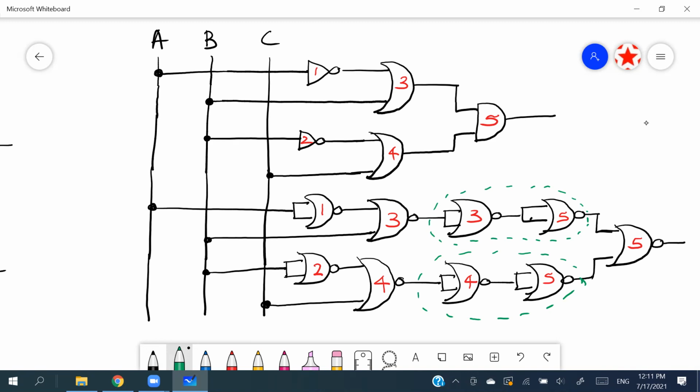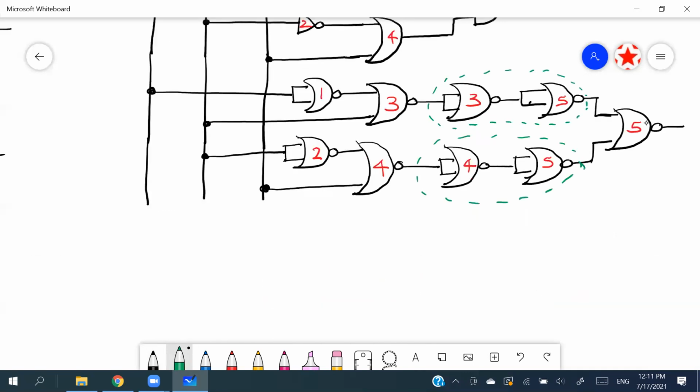So we are going to draw the simplified one right beneath.